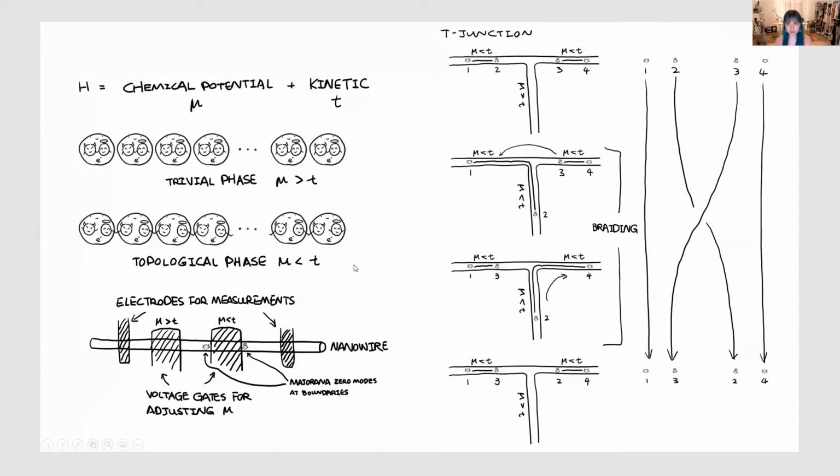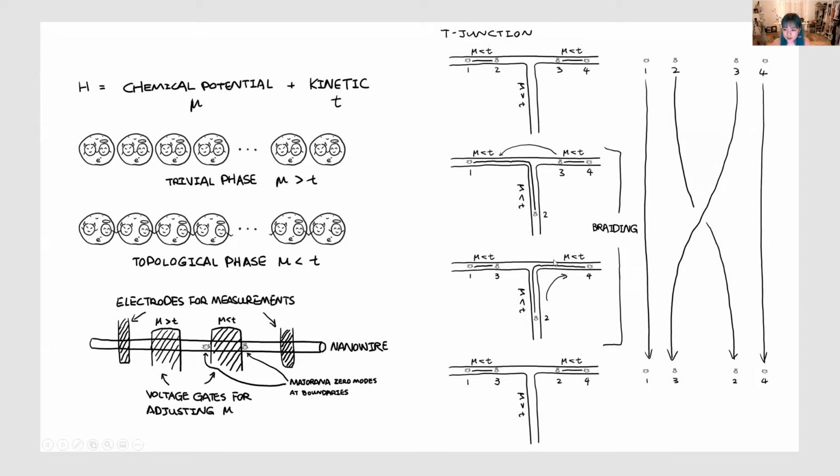Then you would have this topological phase. You do need at least 3 anions to do the braiding. So you can set up something like a T-junction where you can apply different voltages to control chemical potentials in different sections of your junction. And then you're effectively allowing these pairs to change locations.